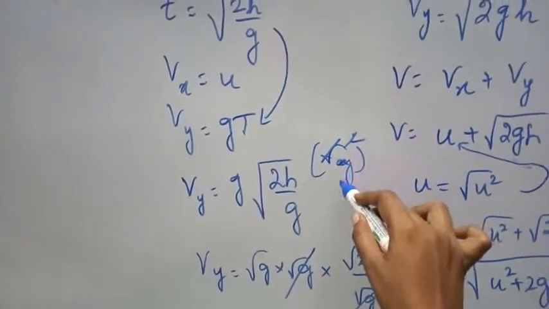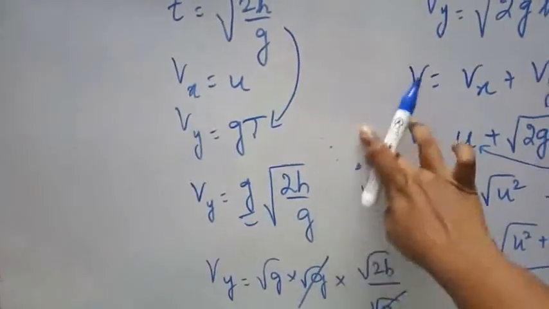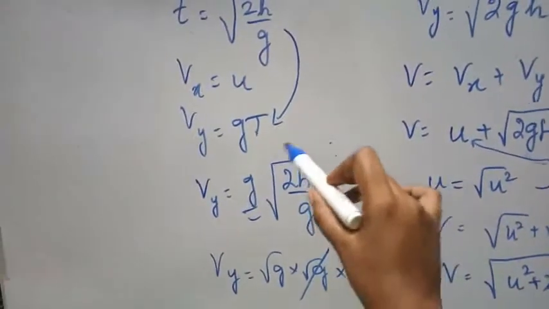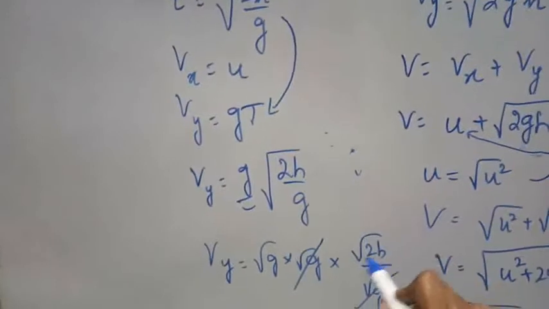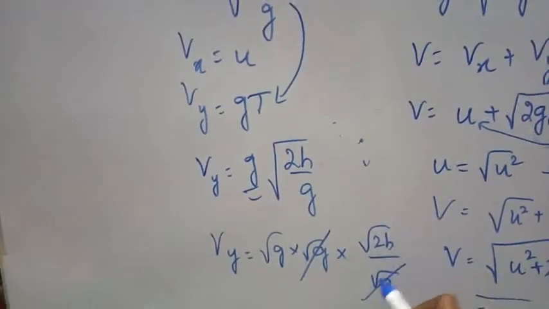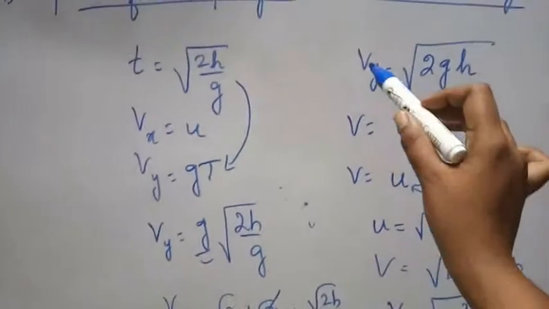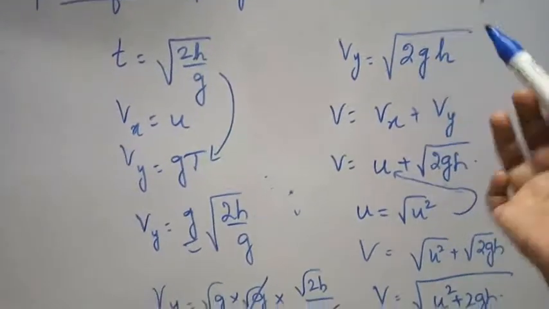So this g can be written as root g into root of 2h by root of g. So this root g and one of the root g will get cancelled off. Then my Vy value would become root of 2 into g into h.